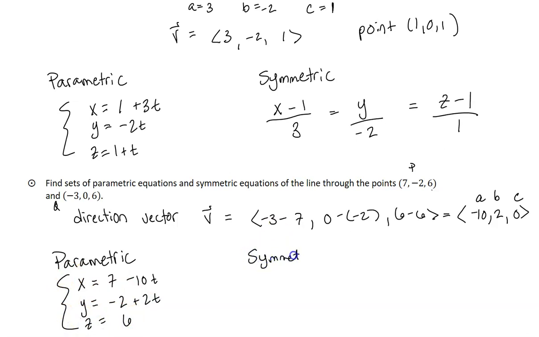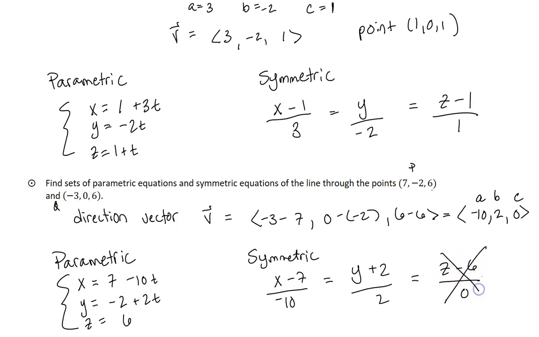Now for my symmetric equations, we would have (x minus 7) over negative 10 equals (y minus negative 2) over 2. And we can't technically do the (z minus 6) over 0 because of that 0. Whenever there's a 0 in the denominator, it means that for this parametric representation, it doesn't matter what t is, z is always 6.